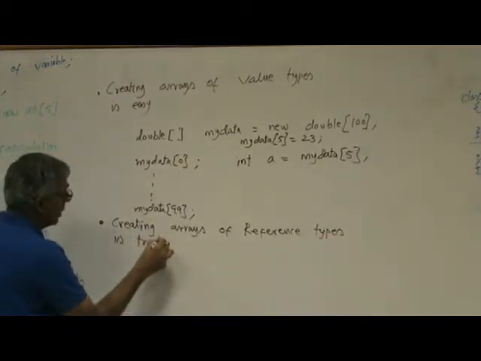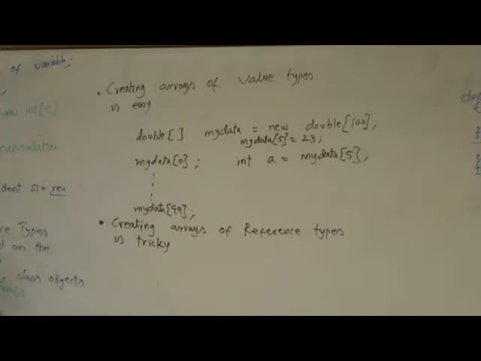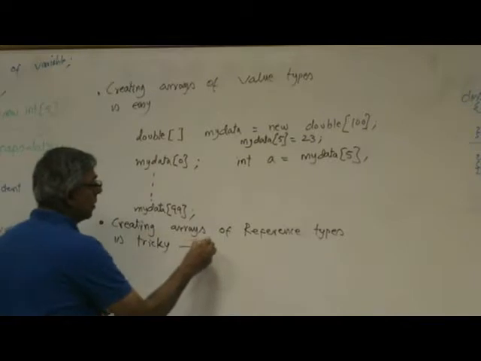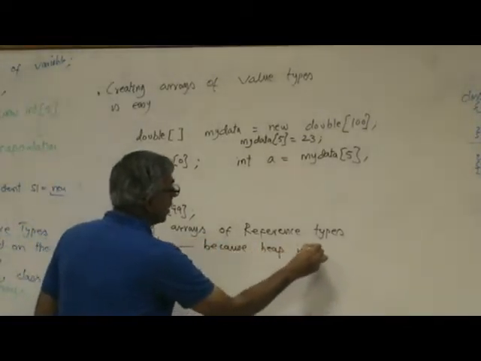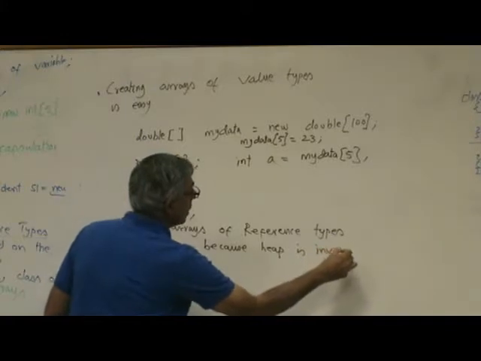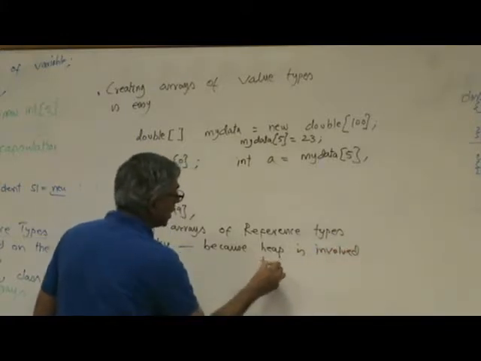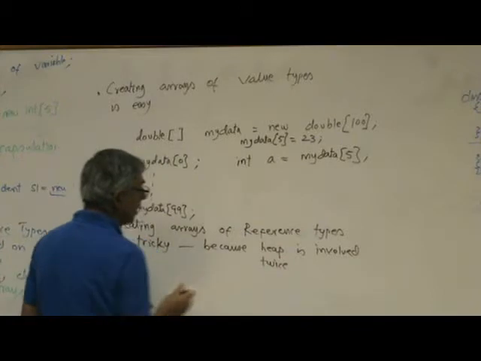Same for Java, same for C#, no difference. So why do we say it's tricky? Once again, because the heap is involved twice.